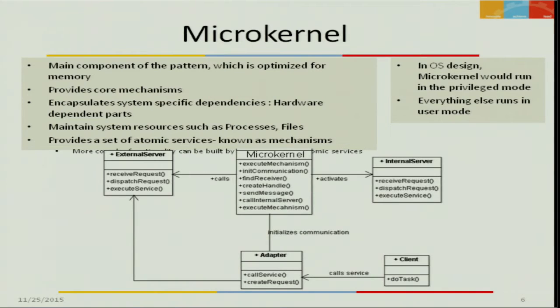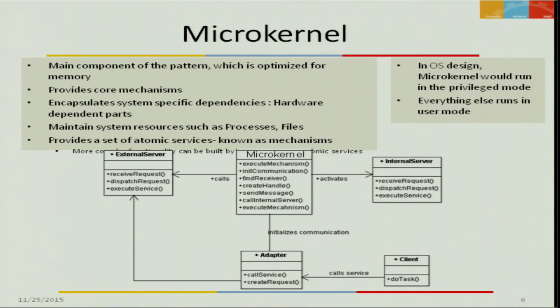External servers are essentially also known as personalities. It basically gives its own view. It creates a new view on top of the microkernel. These are typically used to give different flavors of different types of OS. The experiments were performed by the research group who proposed the microkernel.